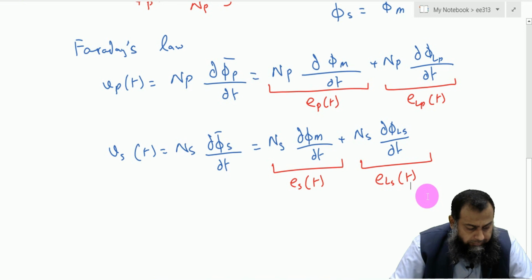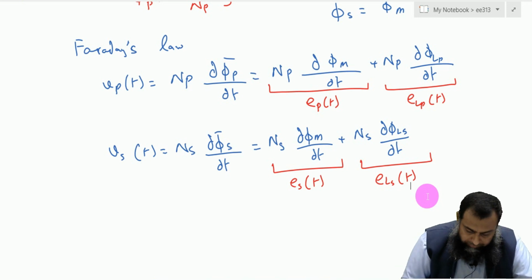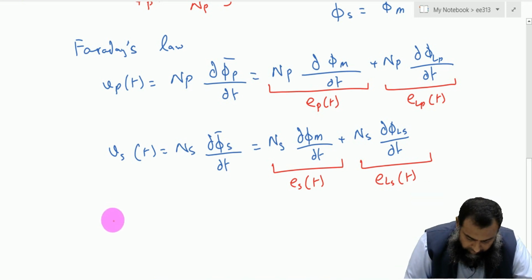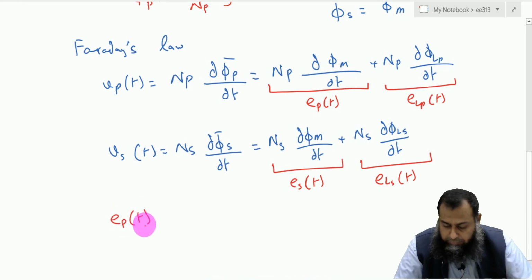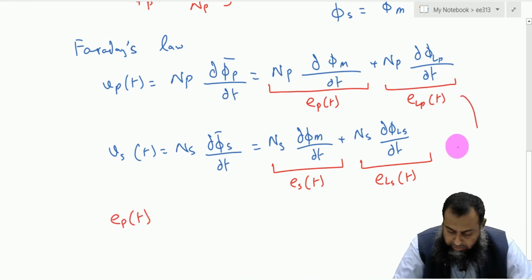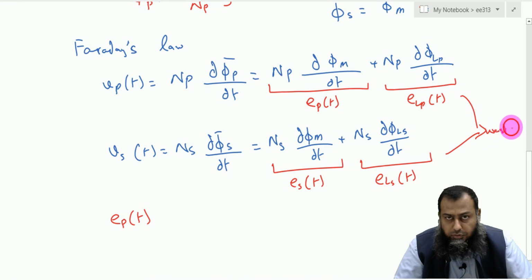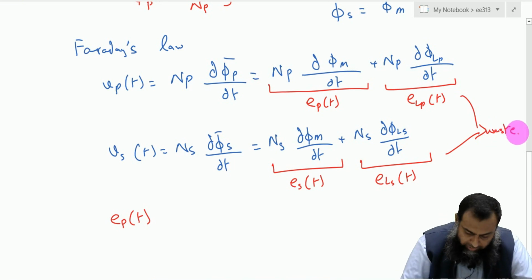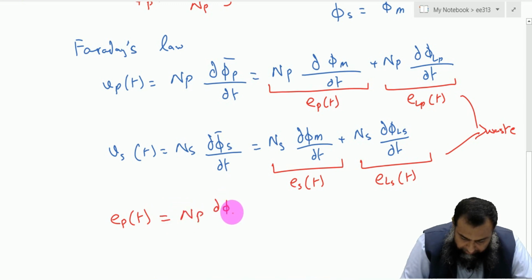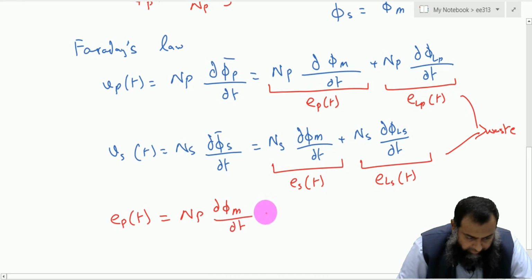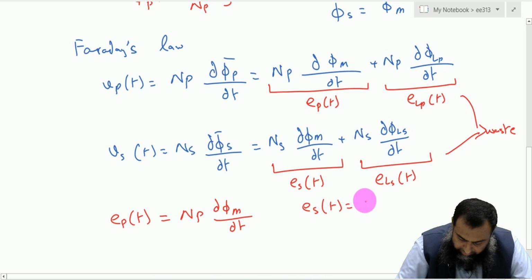Now we can see that this ELpt is of no use, it is a waste, and therefore it is of no use for transformer analysis. So we can say that this Ept is equal to Np dφm/dt, and this Est is equal to Ns dφm/dt.